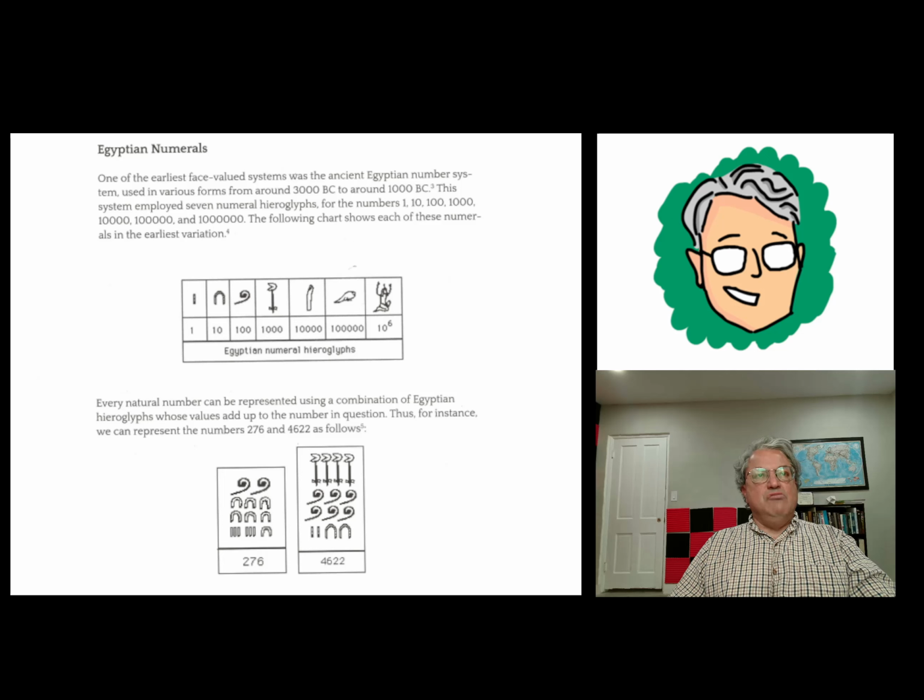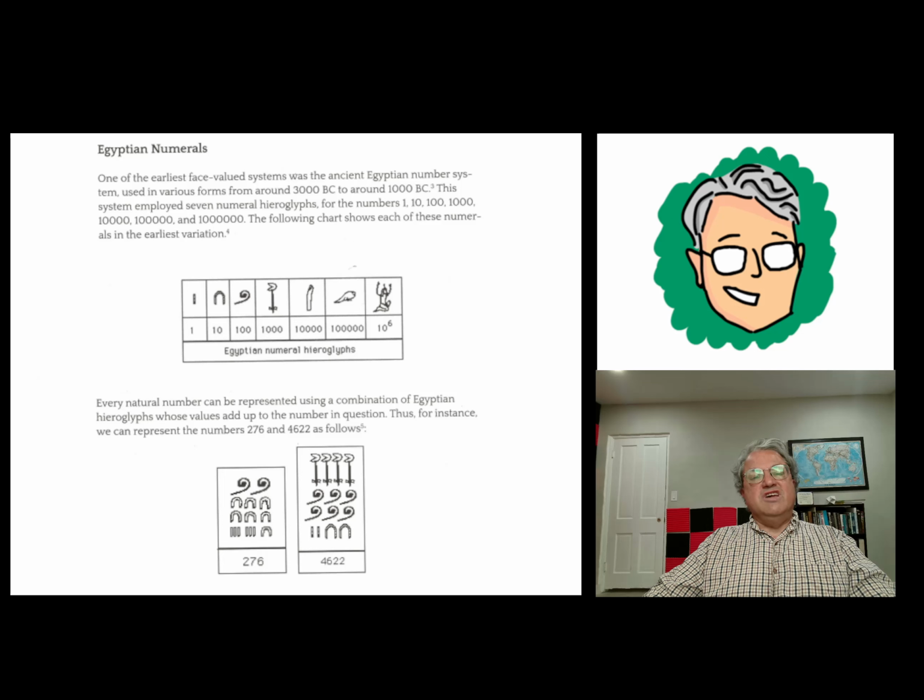I don't talk about them in my book, but there's a famous artifact known as the Ishango bone that was found, I believe, in Nigeria, and it dates back to about 20,000 BC. It had little tally marks on it, and most archaeologists think these were the first numbers that were ever used. They don't know what they were used for, but it's pretty clear they were numbers, and they were just tally marks.